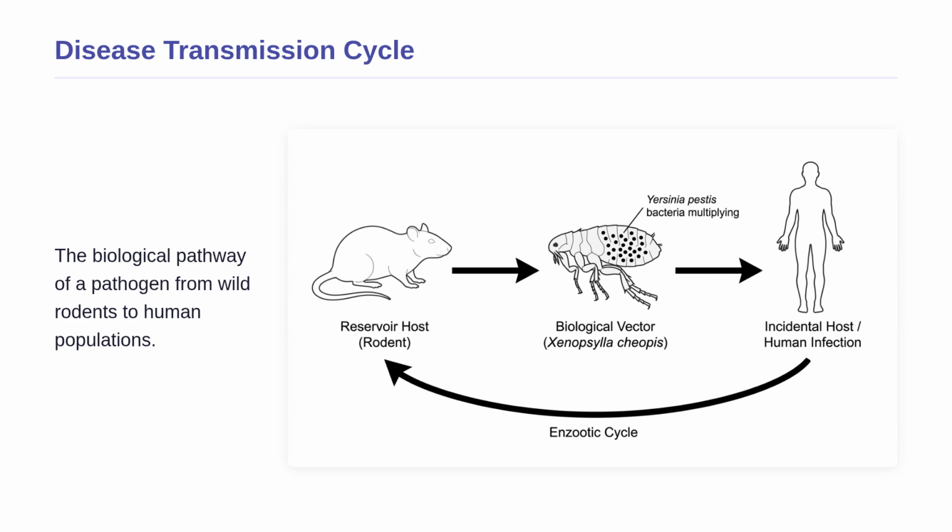Notice the dots inside the flea, representing the Yersinia pestis bacteria multiplying. From the flea, an arrow points to the right, leading to the incidental host, a human figure, representing human infection. Finally, observe the loop at the bottom, labeled enzootic cycle, showing how the disease continuously circulates among rodents. This diagram perfectly illustrates how fleas bridge the gap between wild animals and human populations.